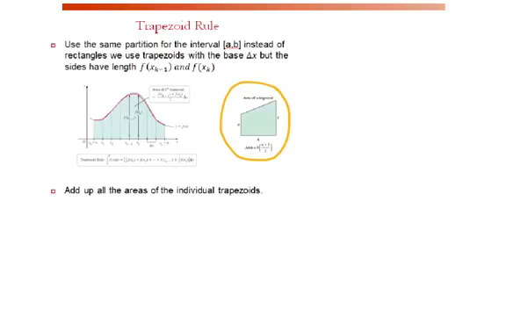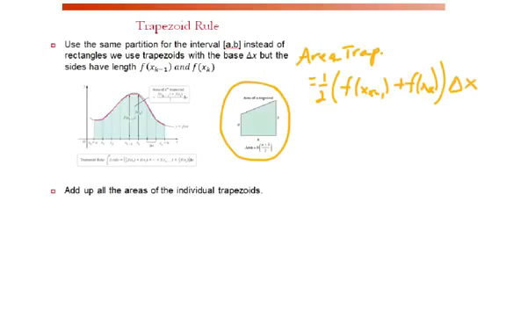So in terms of the function, the area of a single trapezoid is going to be equal to 1/2 times f of x of k minus 1 plus f of x of k, and then delta x would be that height. So the trapezoid rule is denoted T of n, and that's going to just be equal to the sum of the areas of the trapezoids.